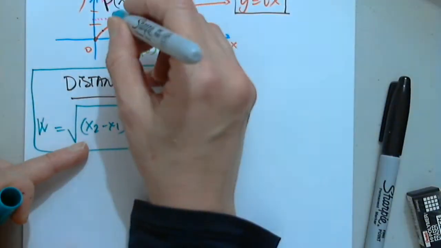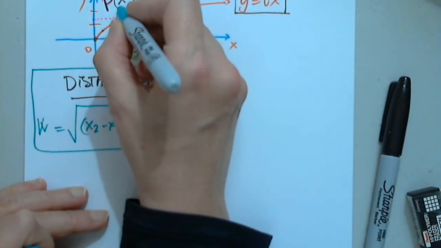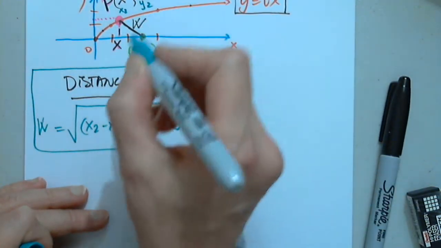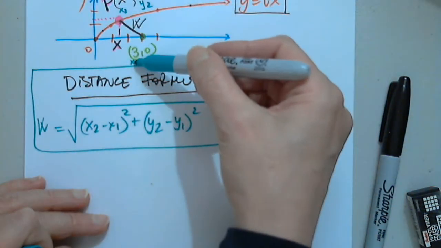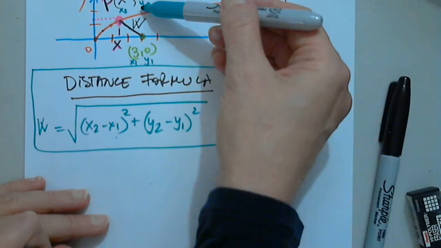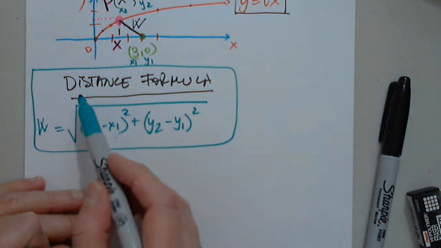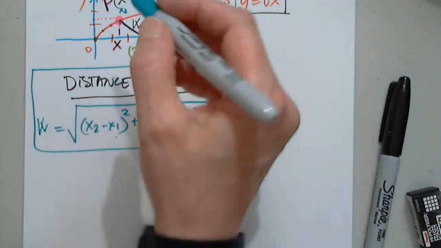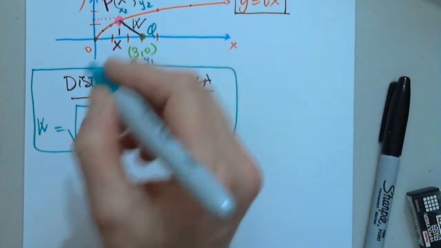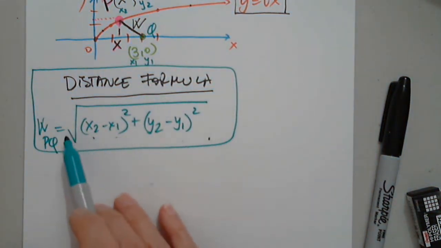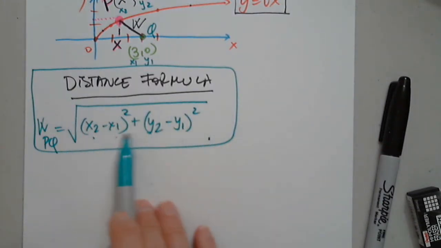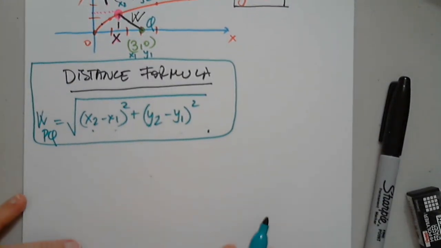So I'm going to denote this by x2, y2, and this by x1, y1. That is the distance between 2 points. I'm going to call this point Q. So the distance PQ is this. And no, you cannot simplify. The square root of a sum is not simplifiable.